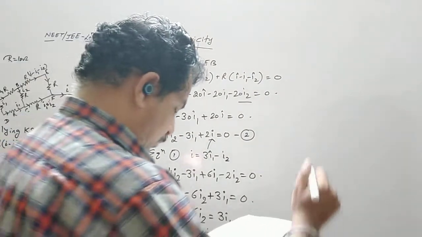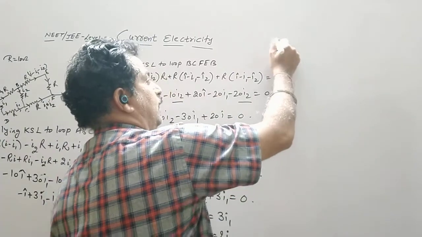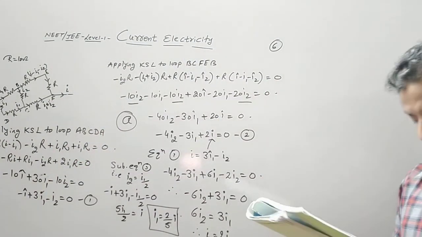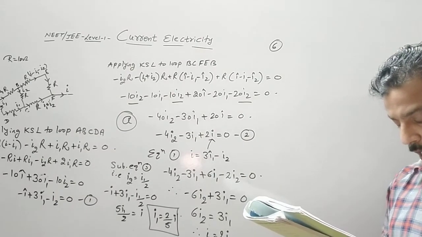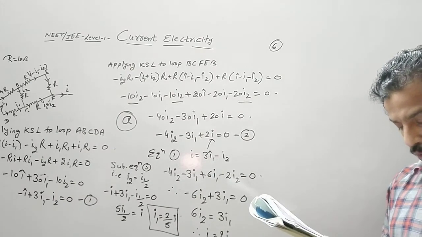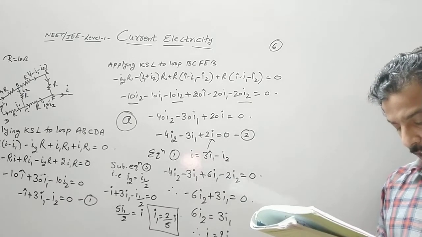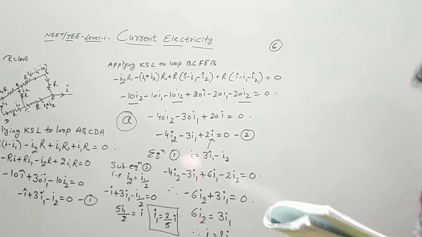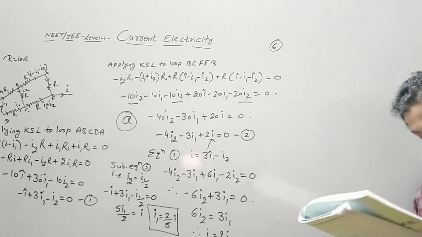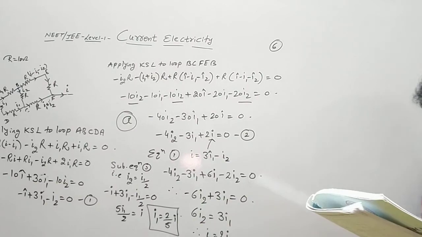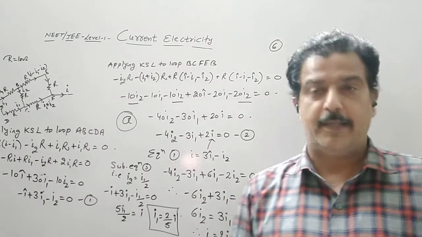Now let us come to question number 6. 12 equal wires, each of resistance R ohms, are connected so as to form a skeleton cube. An electric current enters this cube from one corner and leaves out the diagonally opposite corner. Calculate the total resistance of this assembly.